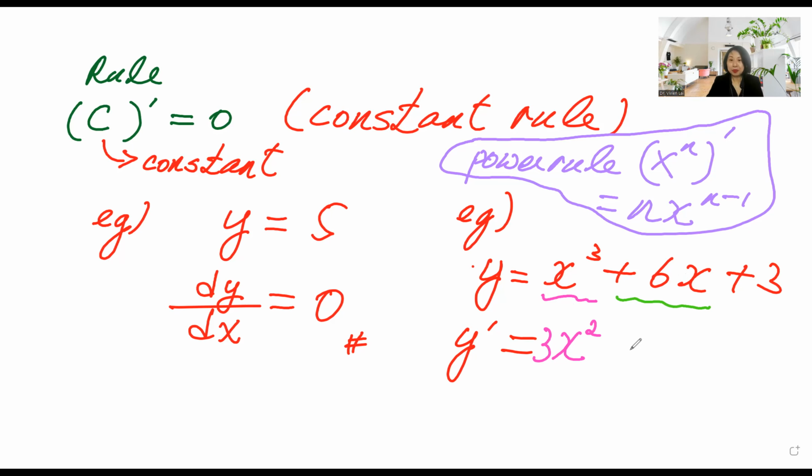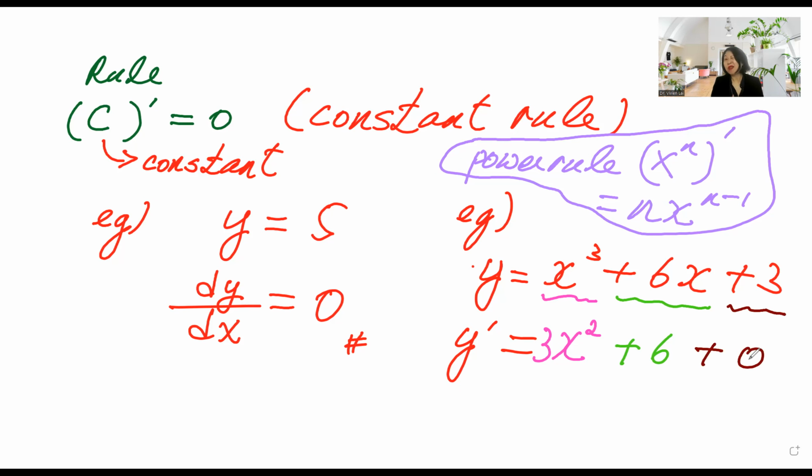So you have plus 6. Okay, and now the derivative of a constant. Here, the last monomial is a constant. A number is called a constant. So the derivative of it is just 0.